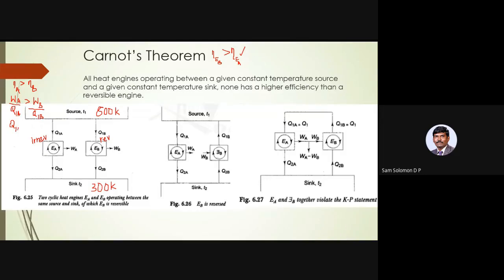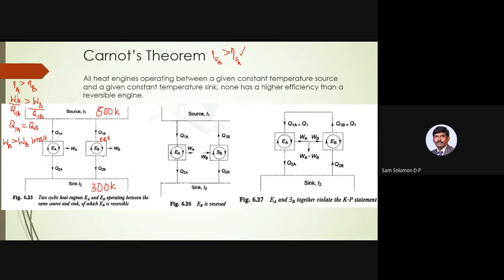If Q1A is equal to Q1B, then the work delivered by A is greater than the work delivered by B. I don't believe in Carnot's theorem, so I get that the work done by A is greater than the work done by B. Engine A is delivering more work than engine B.